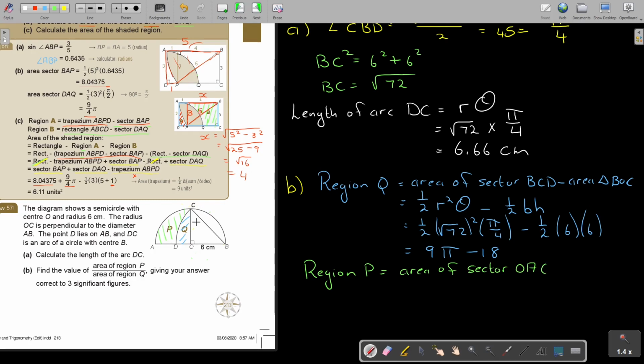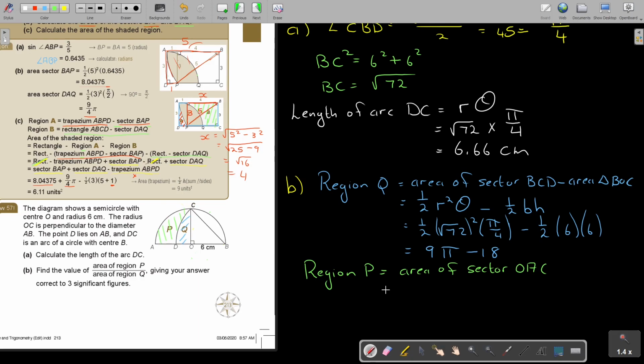Let me show you, sector OAC. So it's this, it's actually a quarter of a circle, minus region Q. So if I take a quarter of a circle minus Q, I'm getting P.